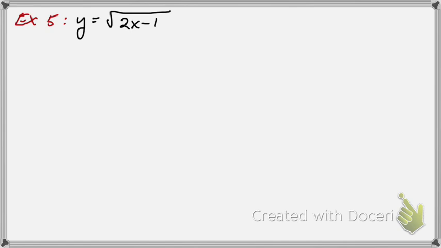This one's a little trickier. When they give you a radical like this, here's the trick. What do we not want under the radical? Negative number.